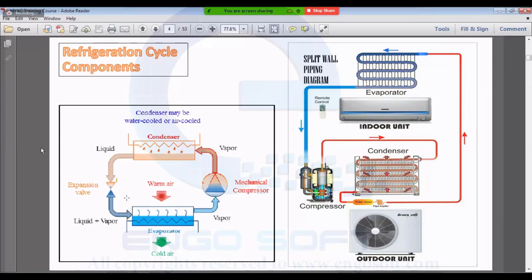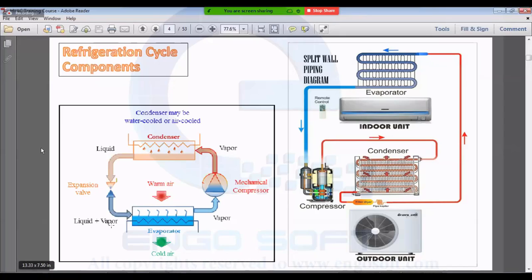We talked about that there are four main components that constitute the refrigeration cycle. The refrigeration cycle is a cycle that provides cooling. In the evaporator, why is it called an evaporator? Because it absorbs heat from the space.